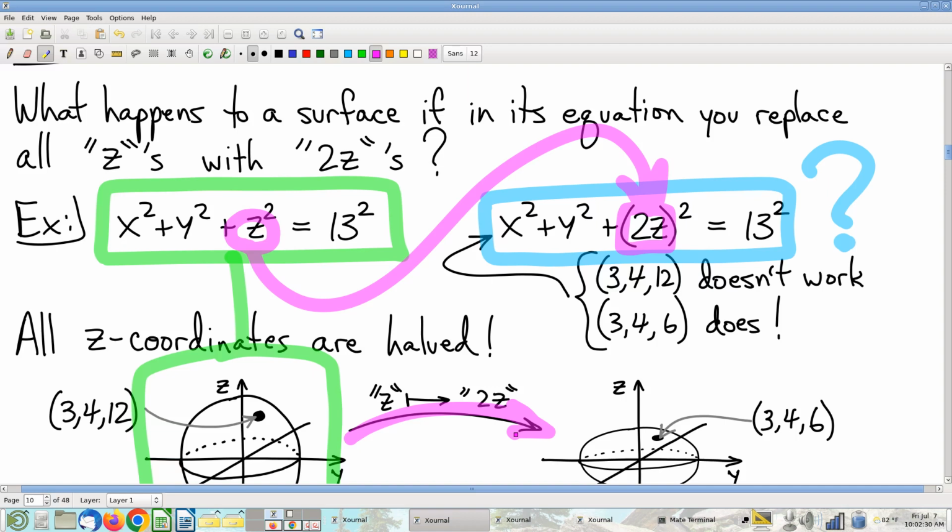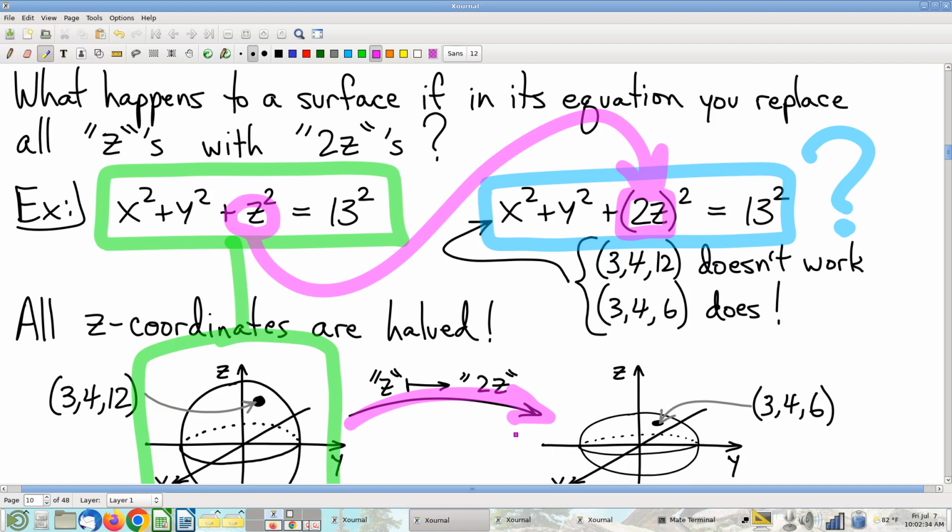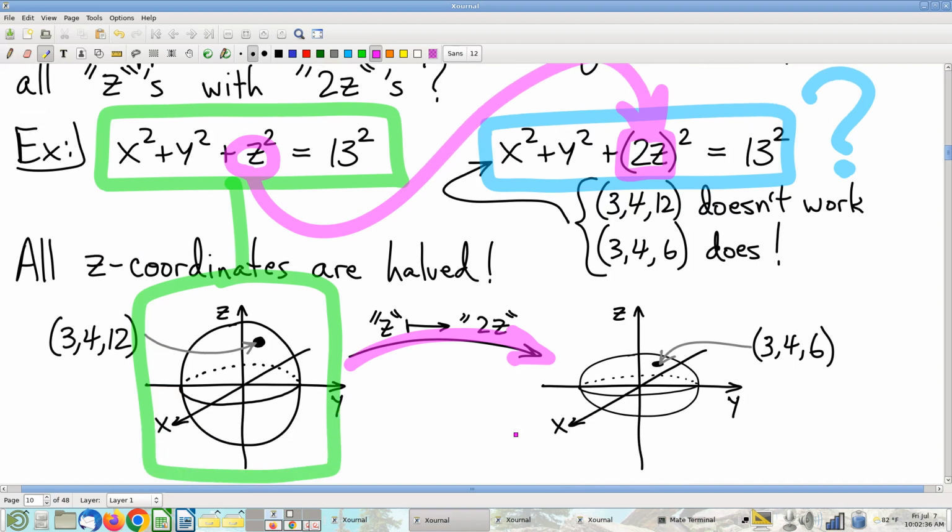Now let's try to figure out what that action of replacing z with 2z does to points. Do they work in one, do they work in the other, and so on. You can think through some points. Here's one, this point right here, (3, 4, 12), that works in this equation and very obviously fails in that equation. The arithmetic just doesn't work.